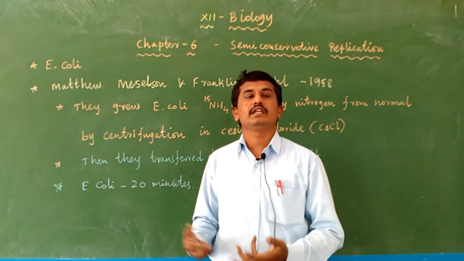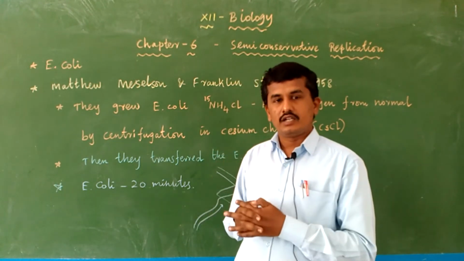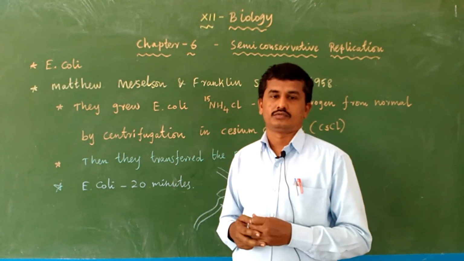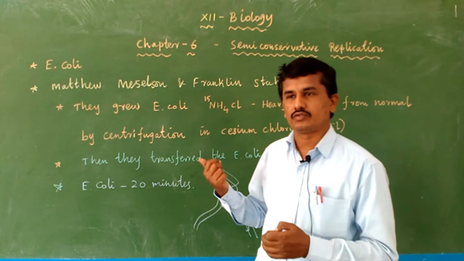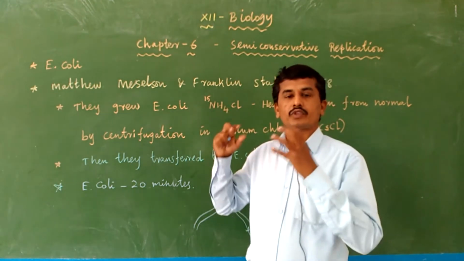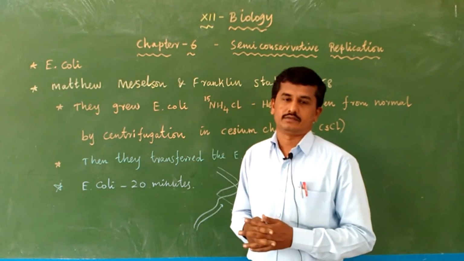For making or synthesizing a new DNA, the organism, here E. coli, needs a nitrogen source. So here the nitrogen source for the E. coli bacterium is ammonium chloride. The E. coli only absorbs nitrogen from the ammonium chloride.